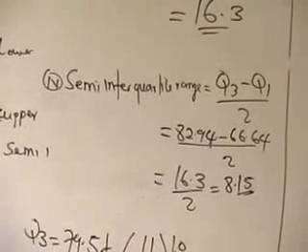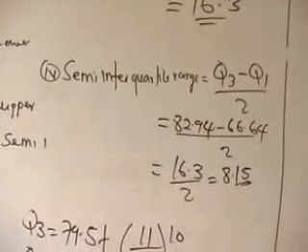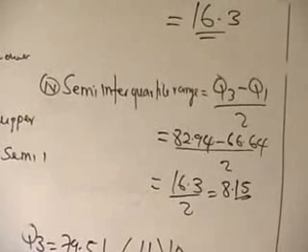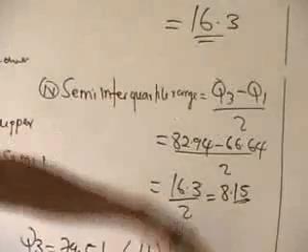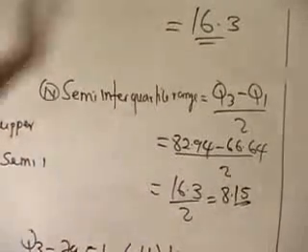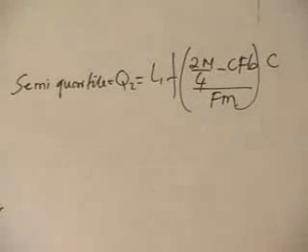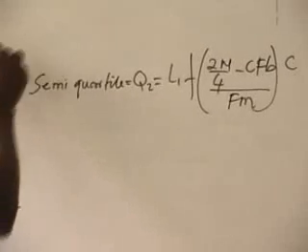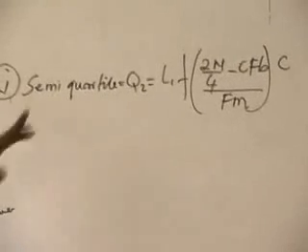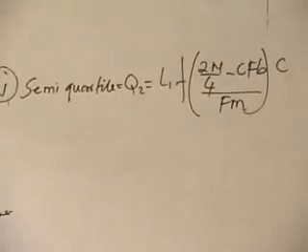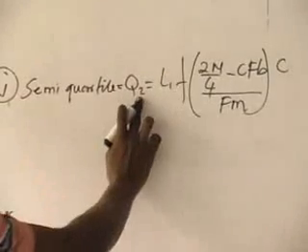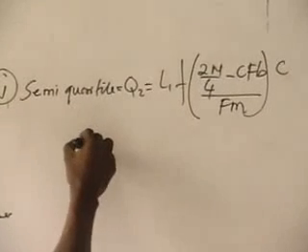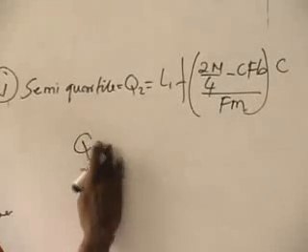Now let us look at the semi-quartile. What we have just done was the semi-interquartile range. So let's look at number 5 now, how to calculate the semi-quartile. The semi-quartile must have 2 beside Q; if it is the upper quartile, there's 3 beside Q. So we are now going to look for the semi-quartile class.